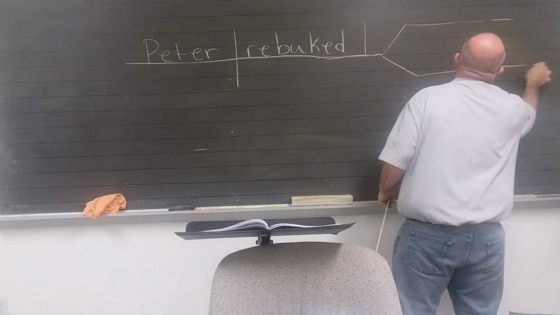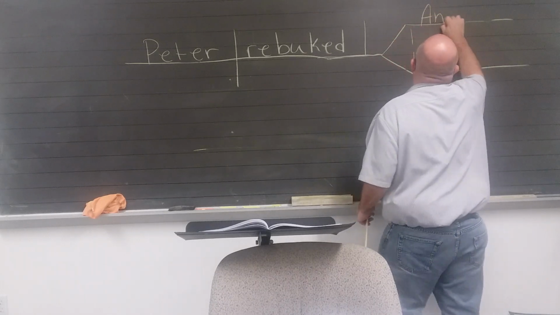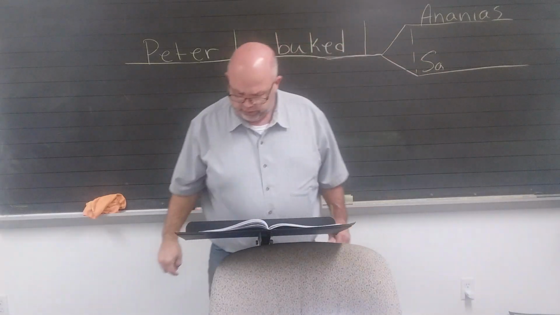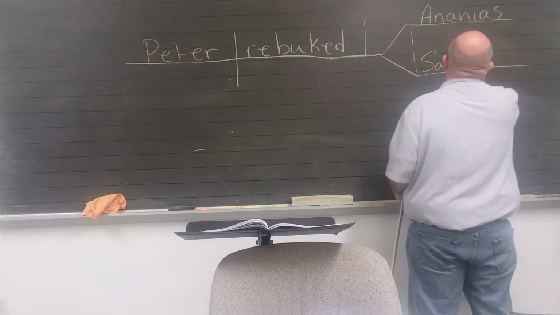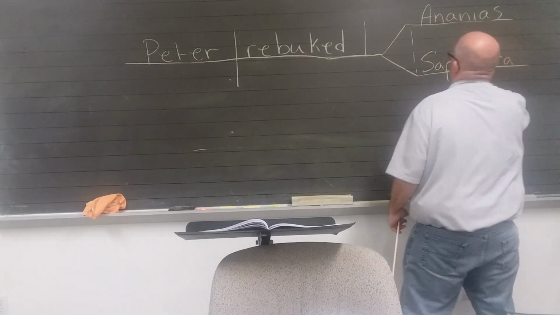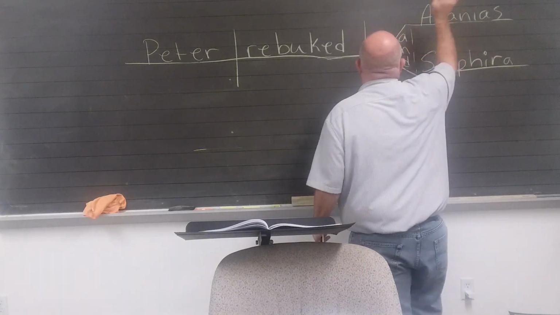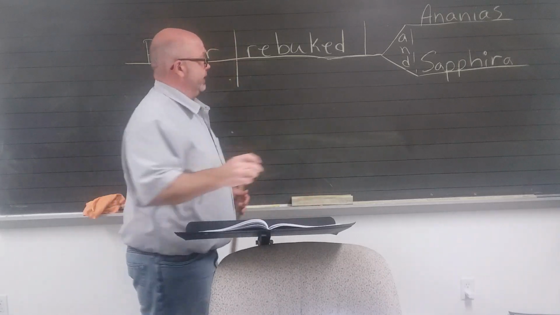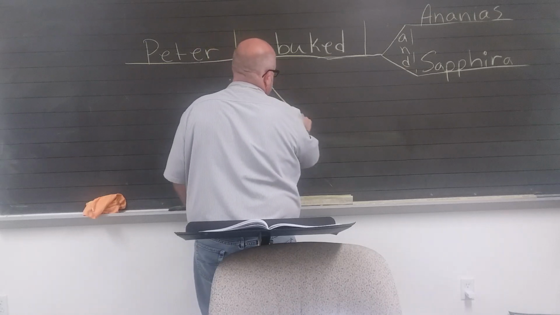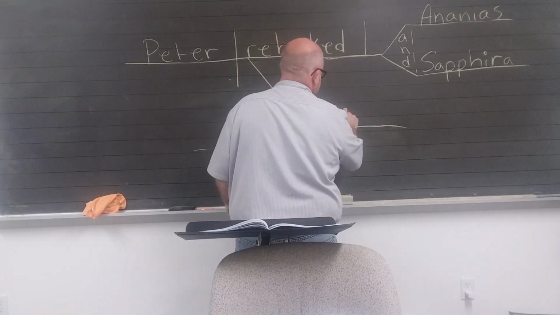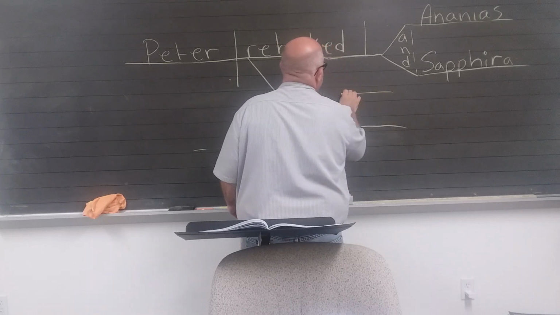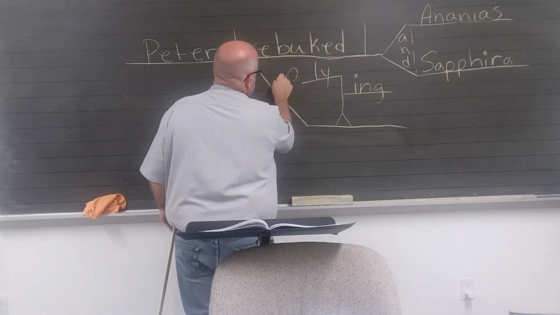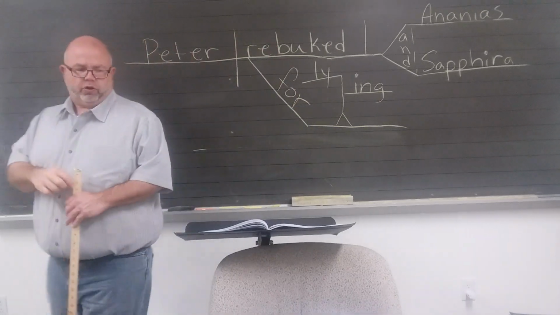Ananias, Sapphira. And don't forget your conjunction. Okay, direct object. Then you have a prepositional phrase, for lying, and did you catch the fact that on this prepositional phrase, the object of the preposition is a gerund.